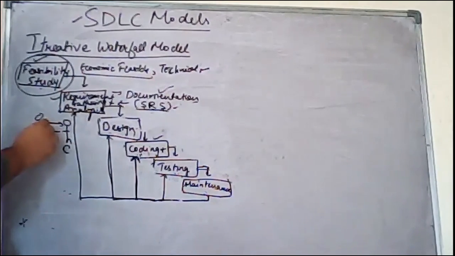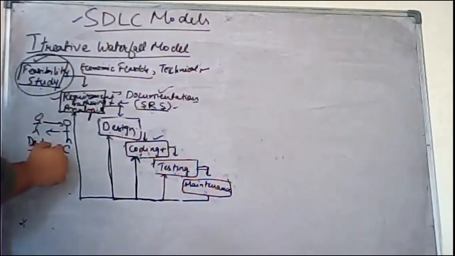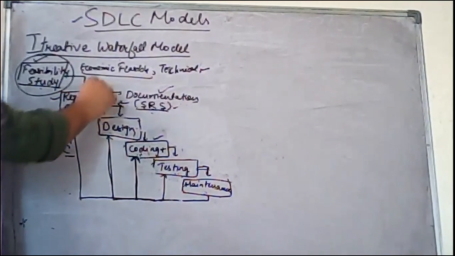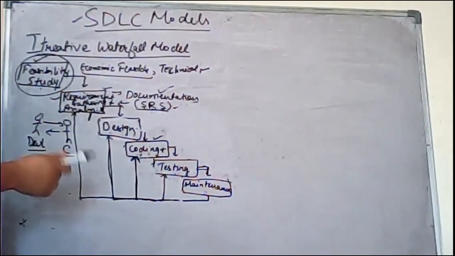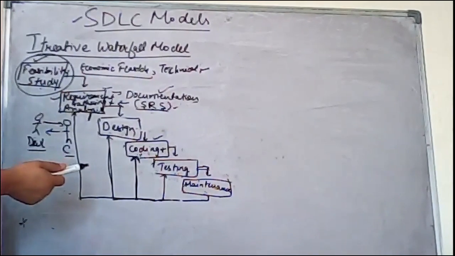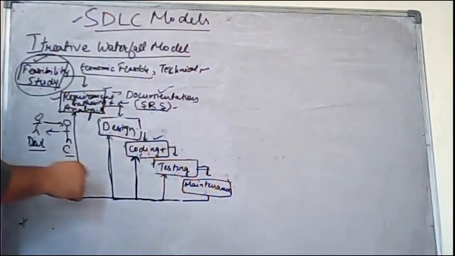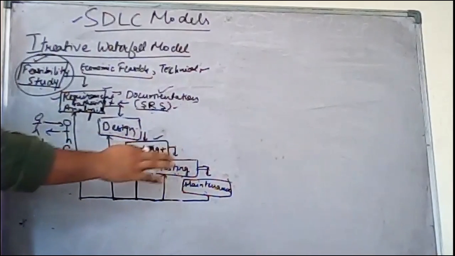The agreement is signed between the manager and the customer. After making the commitment, we will not change anything. But these iterative processes are all for the team members who are developing the code.